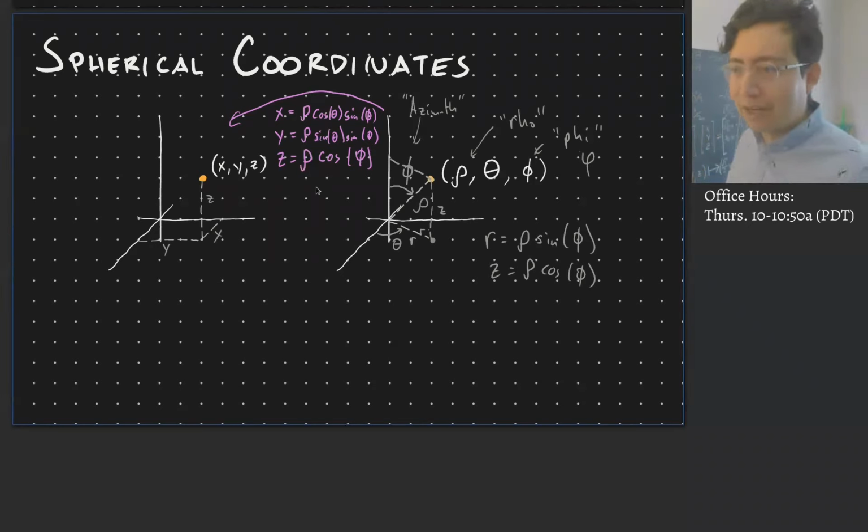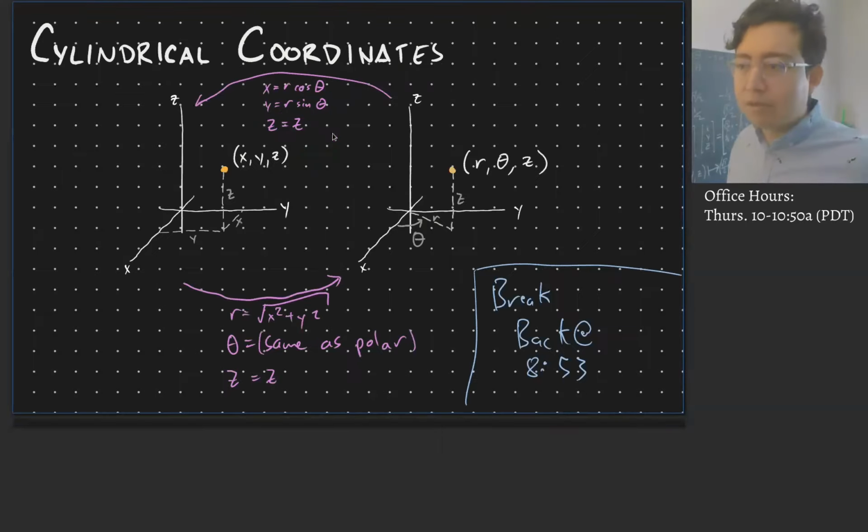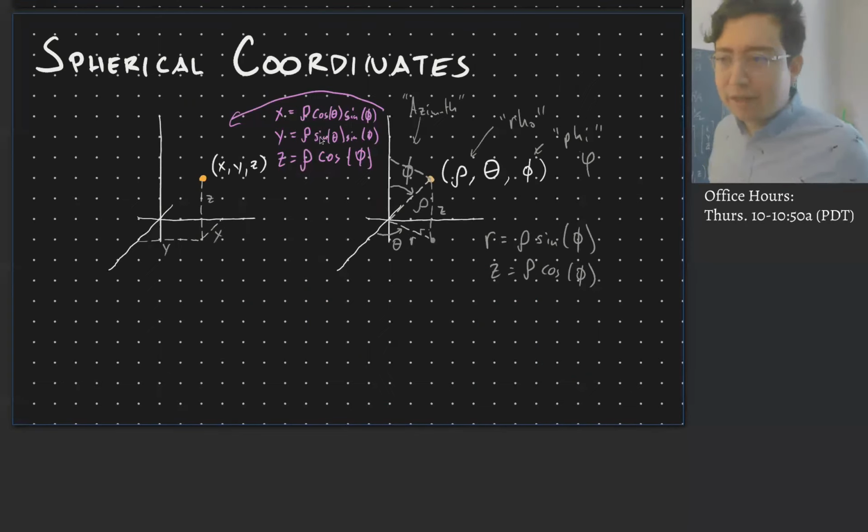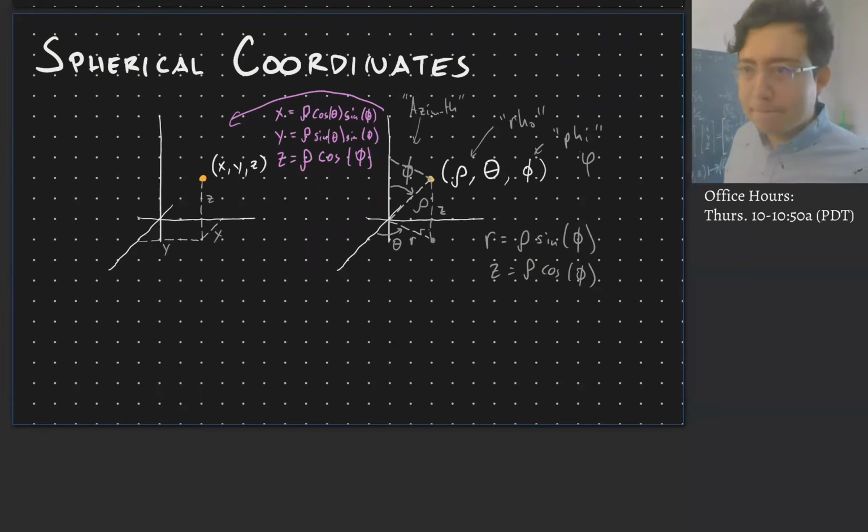Or if you forget a certain part, like I did, I kind of flubbed there. I realized my mistake because the x should have a cosine of theta and the y should have a sine of theta because of polar coordinates, right? That's how I caught my mistake there.